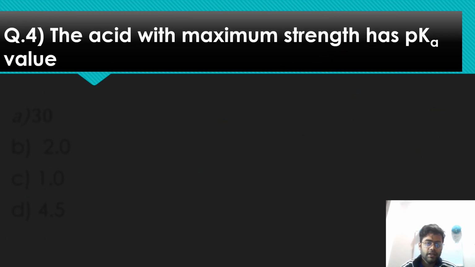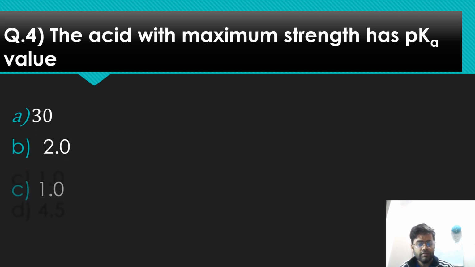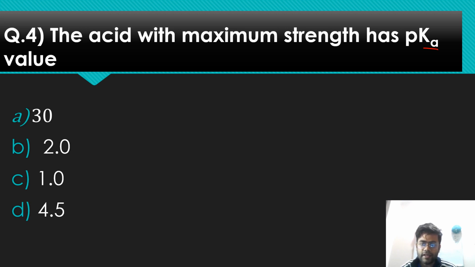Next question. The acid with maximum strength has which pKa value? The strength of acid. The ionization constant for acid is Ka. If we know the K, then we can calculate pKa equals to minus log Ka.